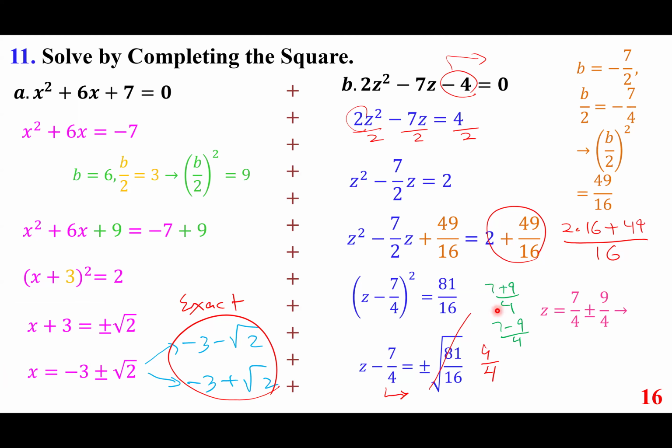This is 16/4. This is -2/4 or -1/2. So that's completing the square.